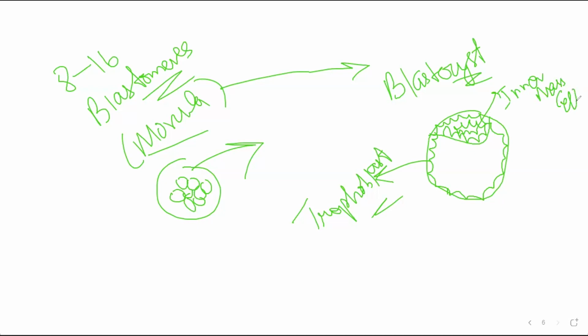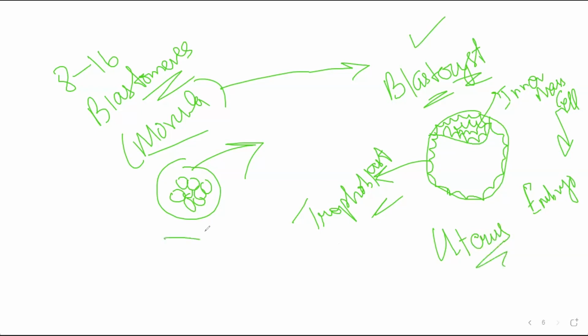This inner cell mass, the cells inside it, actually forms the embryo part. You need to remember this. And which stage are we talking about? We are talking about the blastocyst stage, and this blastocyst stage is present in the uterus.